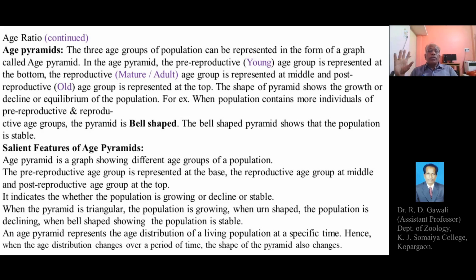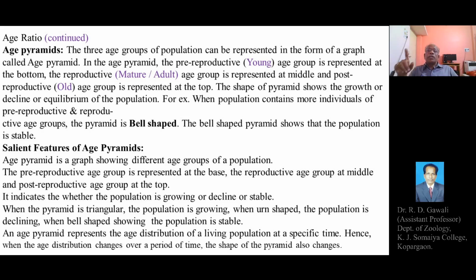When urn shaped, meaning somewhat round on the top side, the population is declining or decreasing.